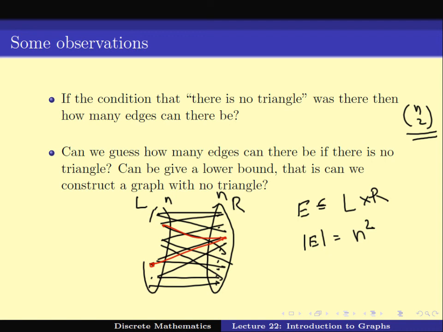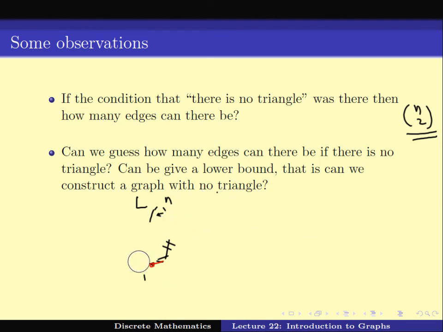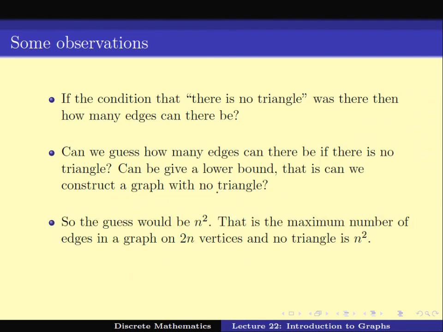How do we prove that a graph on 2n vertices without a triangle can have at most n square edges, and that this is tight? So the guess would be n square: the maximum number of edges in a graph on 2n vertices with no triangle is n square.